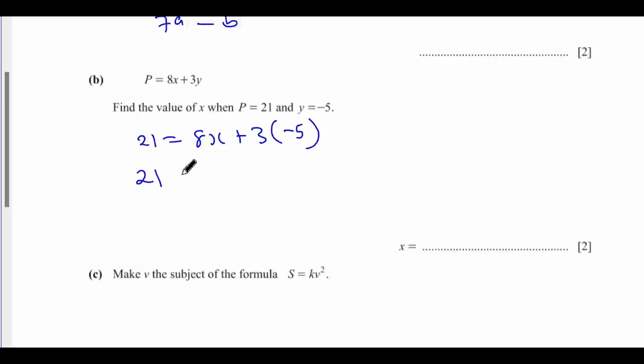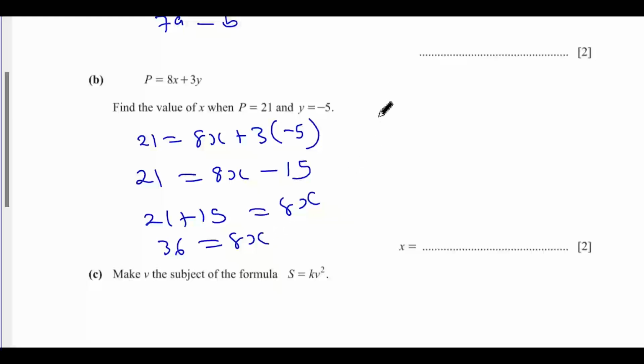So you have 21 equals 8x minus 15. Then let's collect that, 21 add 15 equals 8x. So if you add these two together, you get 36 equals 8x. Okay, that implies that x equals 36 over 8, and your final answer will be 4.5. That's the value of x.